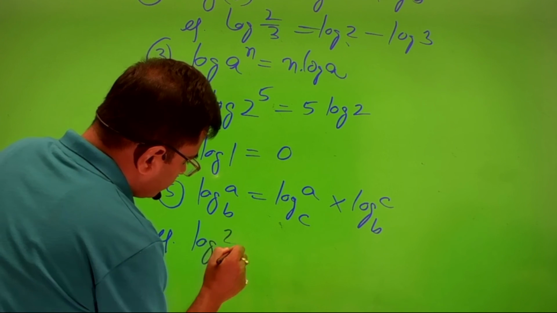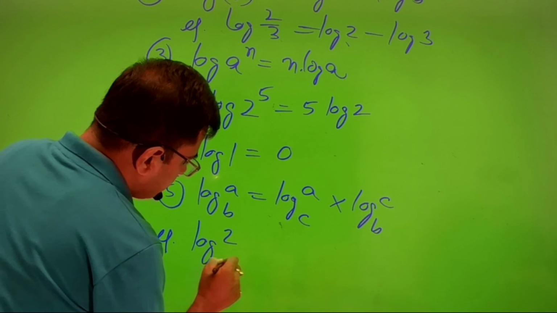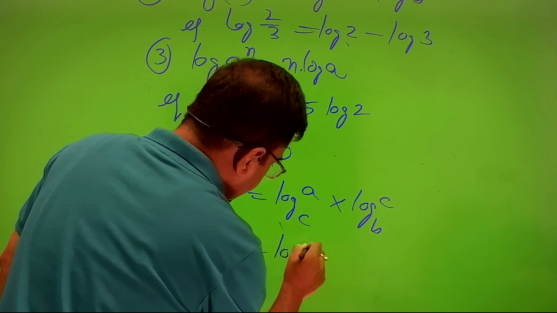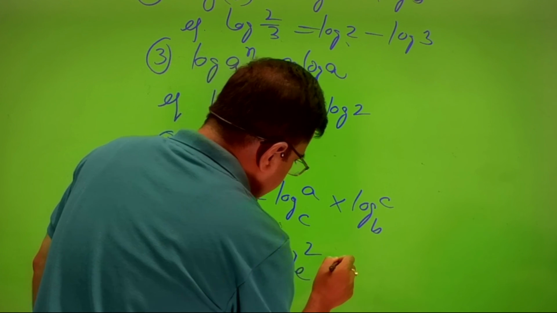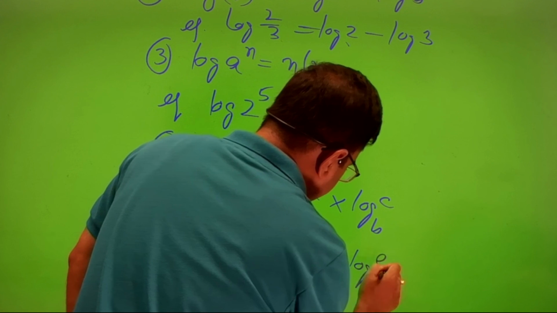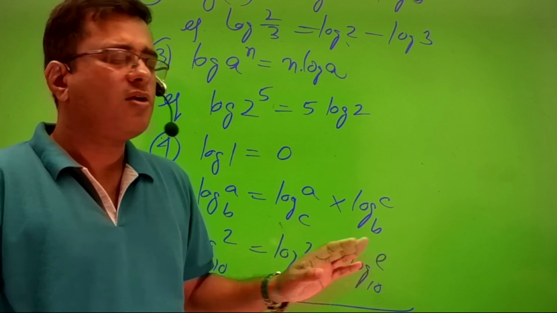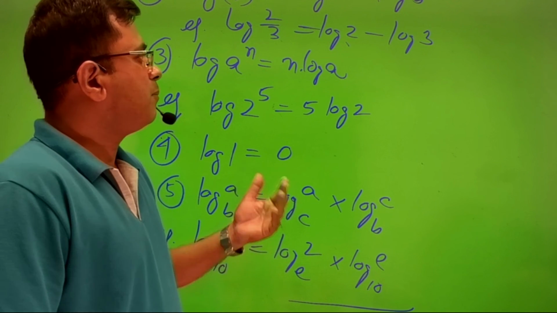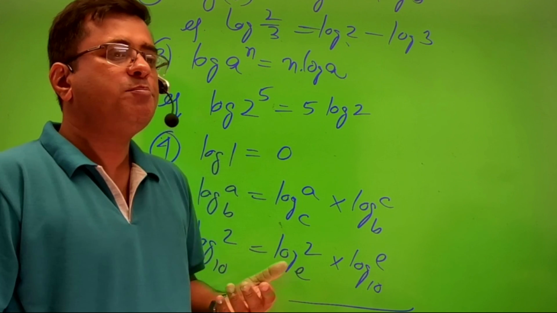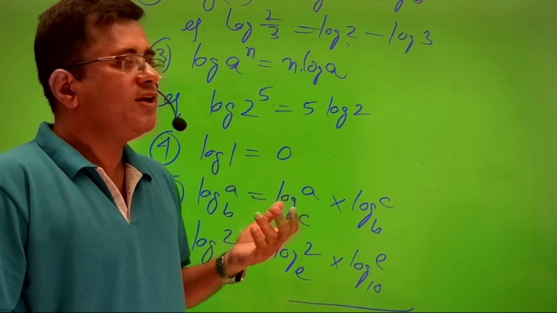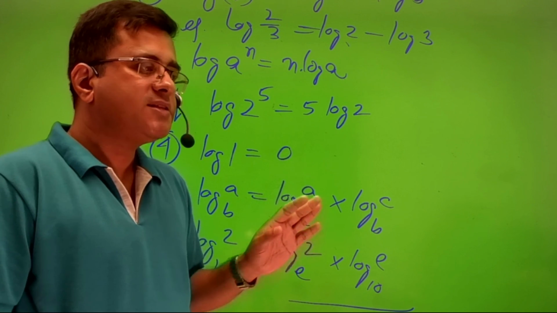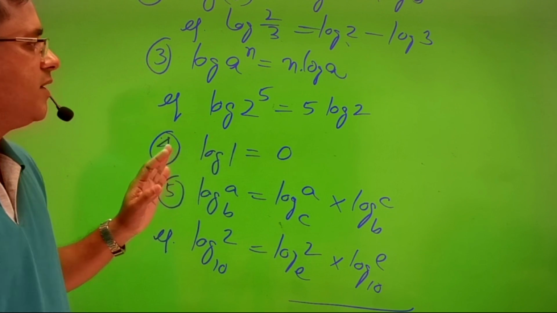Log of 2 to base 10 is equal to log of 2 to base e into log of e to base 10. These are the properties of log. We can apply these properties to simplify calculations when log is used.